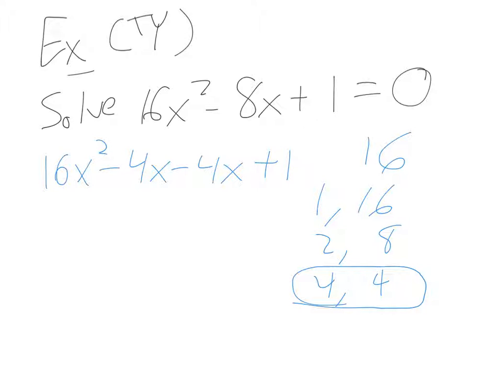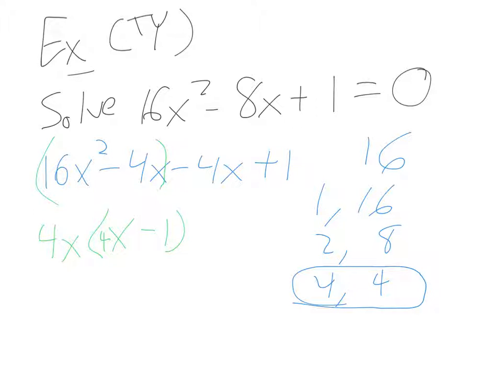So now if we factor by grouping, we factor a 4 out because they're both divisible by 4, and we factor out an x, we're left with 4x minus 1.